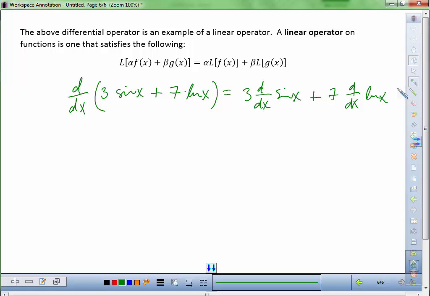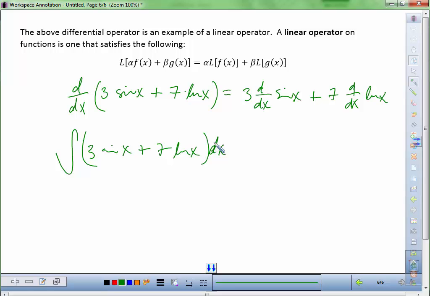Now let me ask you again, do you know of another operator that does this? Integrals. You guys remember integrals, don't you? If you were to take the integral of 3 sine x plus 7 ln x dx, you wouldn't try to bunch all that together and do some u substitution that combines x and ln x, unless they're being multiplied, in which case you're pretty much screwed.